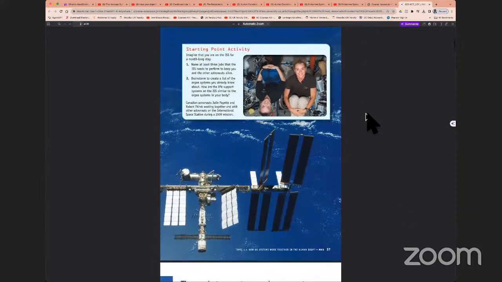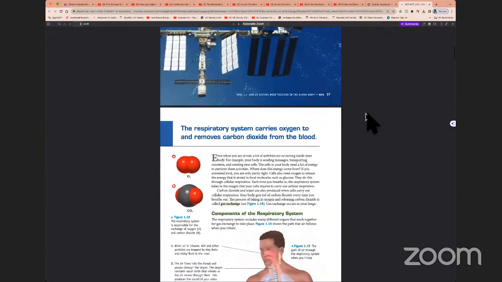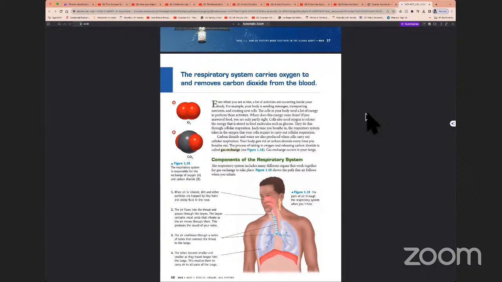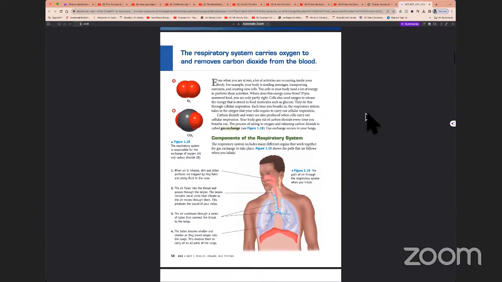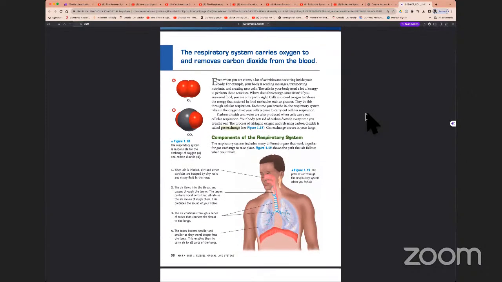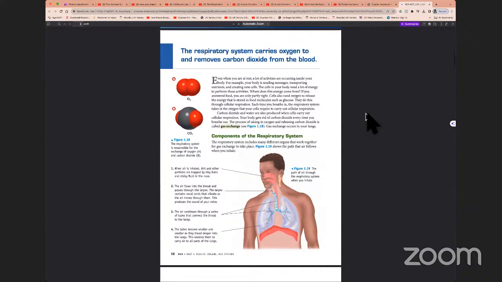And this is an extract which primarily takes an example and discusses how the different systems work, but also how these different systems work as a coordinated unit.